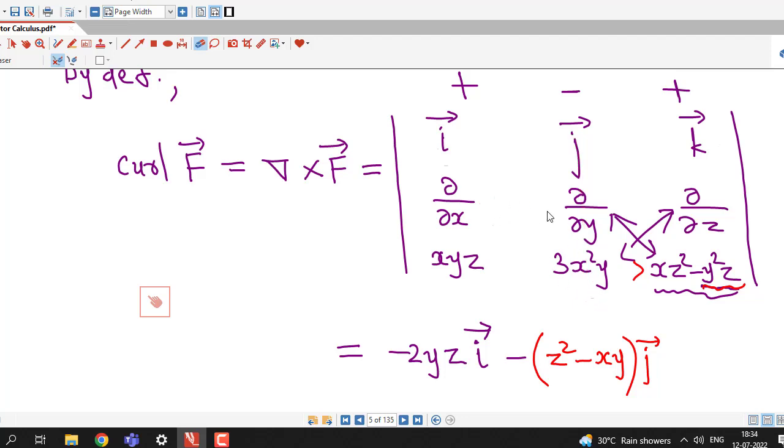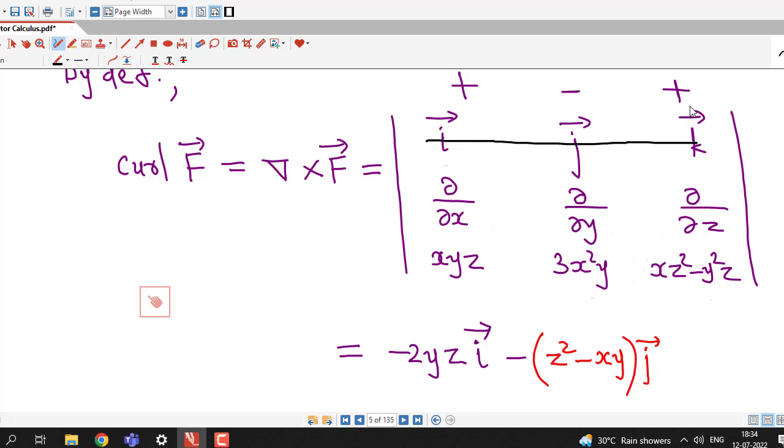Now we consider product with last component, that is k bar into determinant of this 2 by 2 matrix. So for this k cap we will not consider this row and this column, and we have to write down determinant of this quantity.